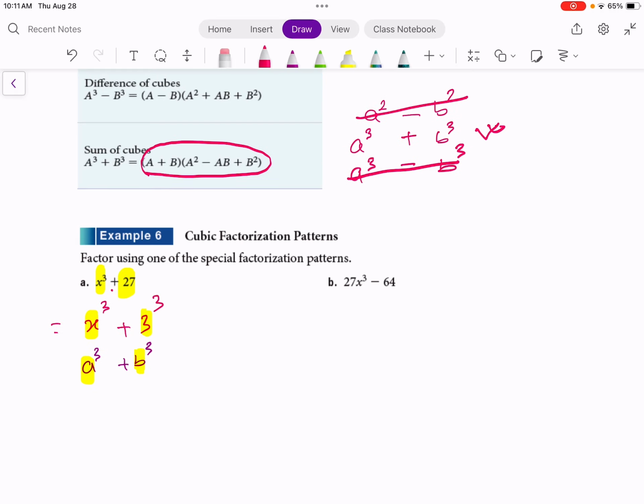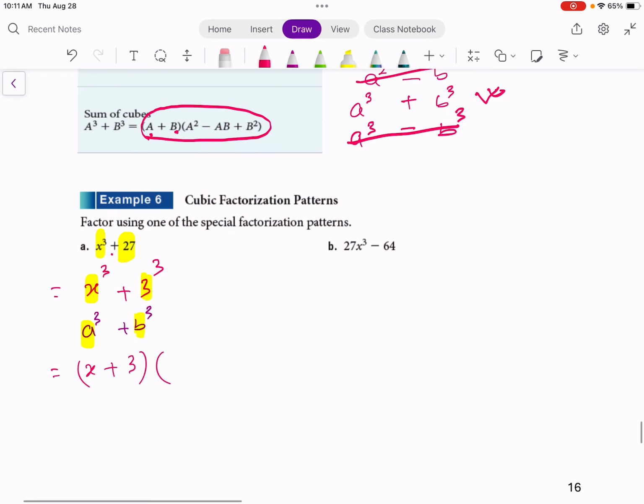So this is a plus b. Our a is x, so x plus our b is 3. So x plus 3 times a squared. Our a is x, so x squared, minus a times b, x times 3, that is 3x, plus b squared.